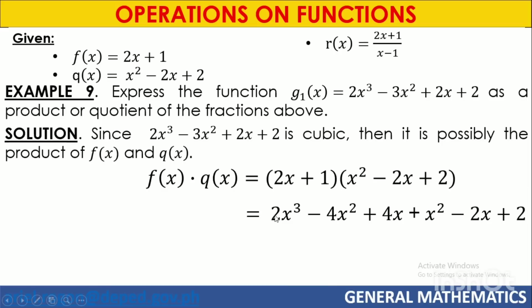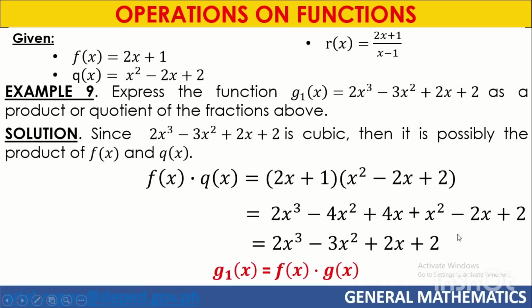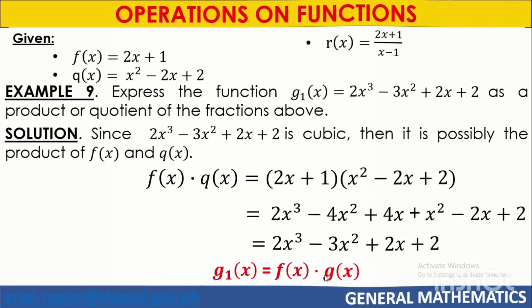So, the result will be 2x cubed minus 4x squared plus 4x plus x squared minus 2x plus 2. And then combine similar terms, copy 2x cubed. Negative 4x squared plus x squared is negative 3x squared. 4x minus 2x is positive 2x plus 2. So therefore, the g of 1x is the product of f of x and q of x. Okay?